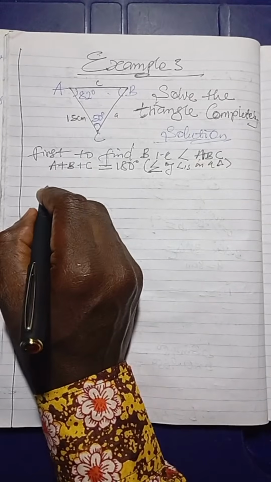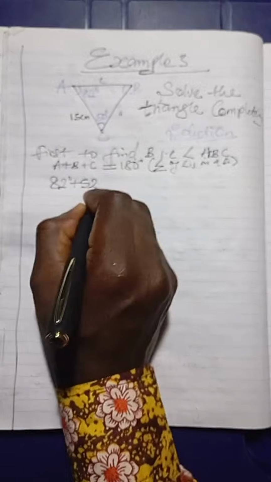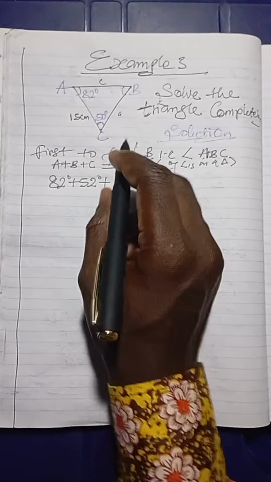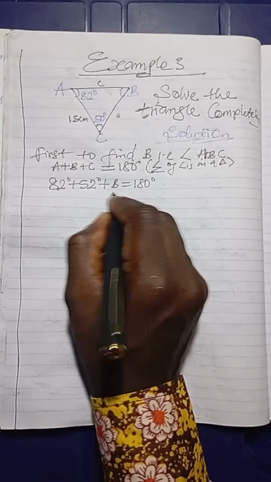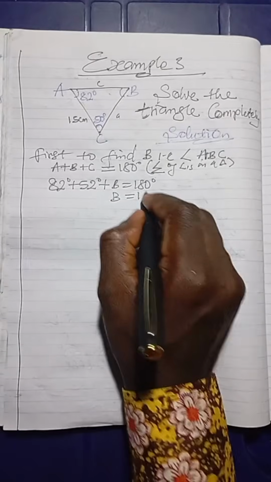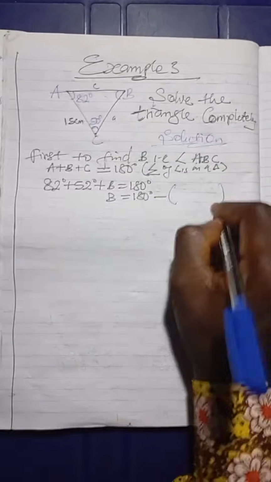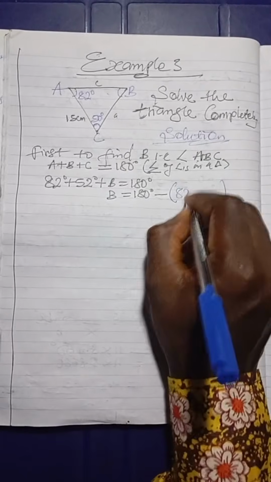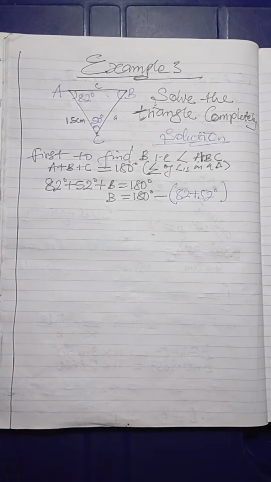So I'll have 82 degrees plus 50 degrees plus B is 180 degrees. So B will be 180 degrees minus the bracket 82 plus 50 degrees.